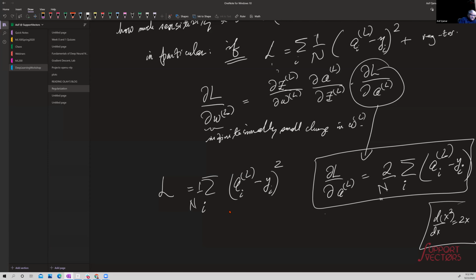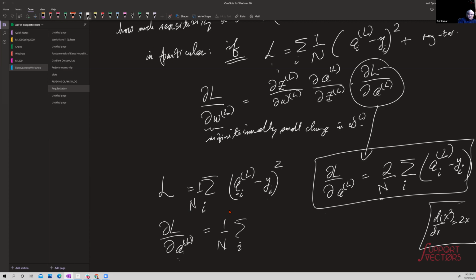What is the derivative of L with respect to the activation? You can take any one particular activation. This is averaged over all of them. So what do you think this is? It is a function of A, right? It's a square term. This would be 1 over n and summation over i and all that.